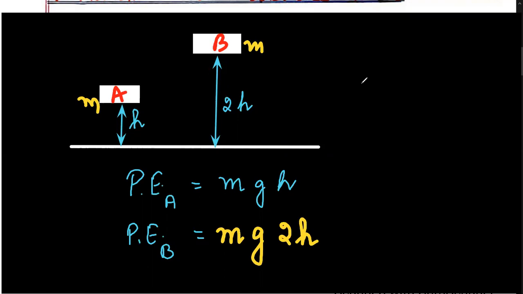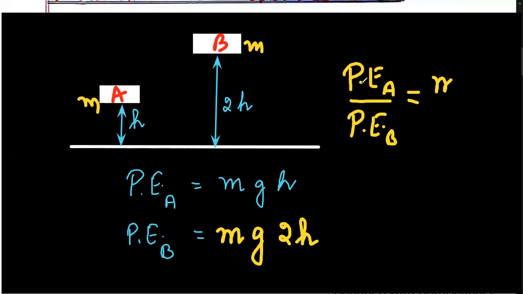Now they are saying find the ratio of gravitational potential energy. So potential energy of A divided by potential energy of B. Divide both the terms, children, and see what your answer is coming. mgh divided by mg2h.